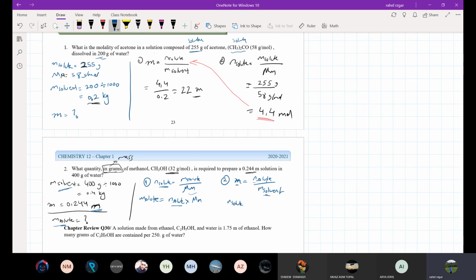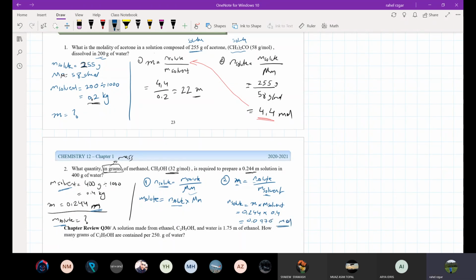Mole of solute is equal to molality times mass of solvent. This equals molality 0.244 times the mass of the solvent, 0.4, which is equal to 0.0976.